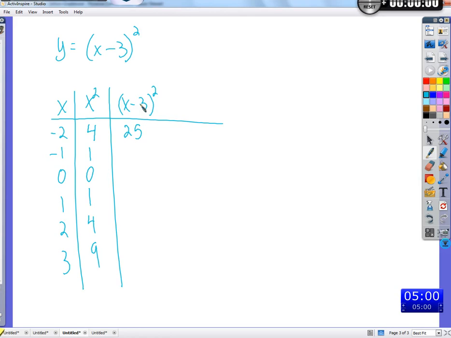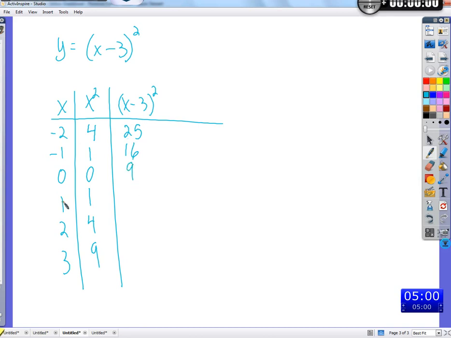So it's like putting us 3 steps behind this function. Does that make sense a little bit? This -3 is putting us 3 steps behind. Okay? So to make up for it, we'll see in a couple more. So we put in -1, -1 minus 3 is -4, we square -4, we get 16. Right? You put in 0, 0 minus 3 is -3, you square that, you get 9. Okay?